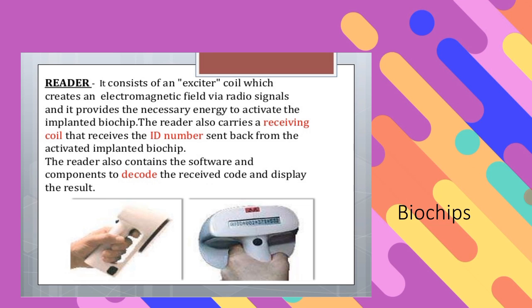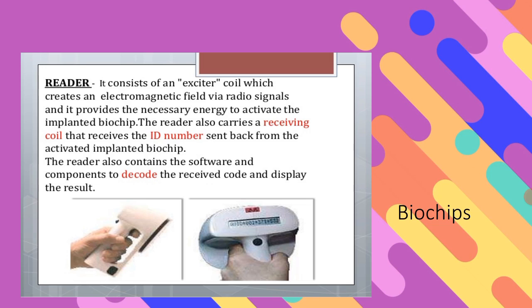Next we saw the reader. The reader also has 3 parts. First is the exciter coil, which produces the electromagnetic field via the radio signal.